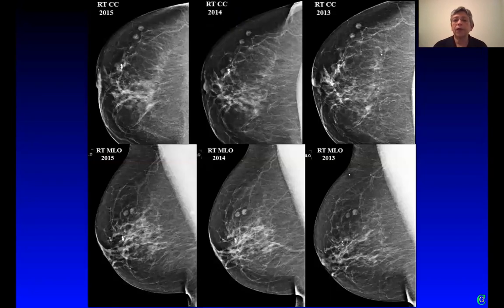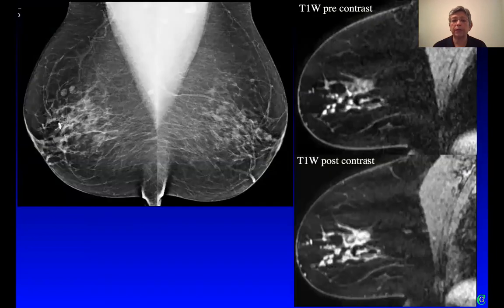As I said before, the other very nice way is to line up the CC views, line up your MLO views, and you can again see how slowly this has been evolving. So if you just compare 2015 with 2014, you may not perceive it. However, when you compare 2015 to 2013, it is relatively easy to appreciate that the patient has developed parenchymal asymmetry.